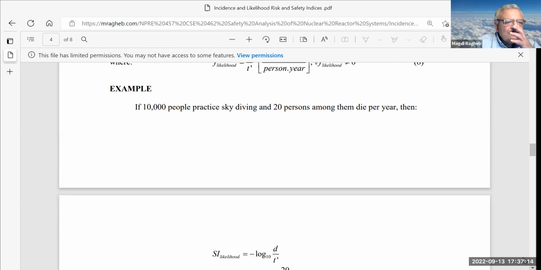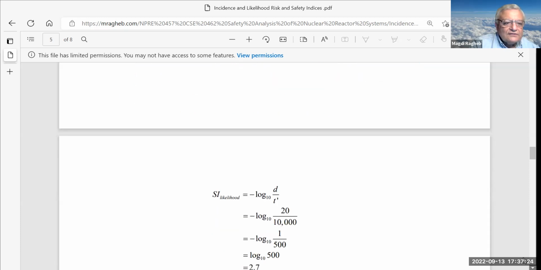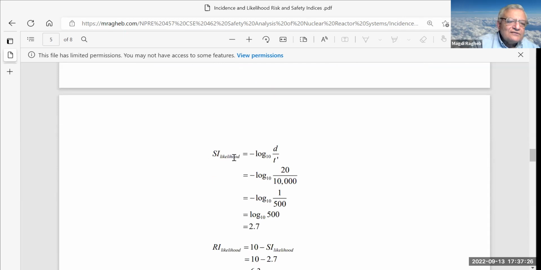Example, if we have 10,000 people who practice skydiving and 20 persons among them die per year, then if you want to calculate the likelihood now, not the incidence, the likelihood, because it's a limited population, the safety index becomes minus the log to the base 10 of the number of deaths divided by the number of that population, not the whole population of the United States, which if we do that, we'll get a very misleading number.